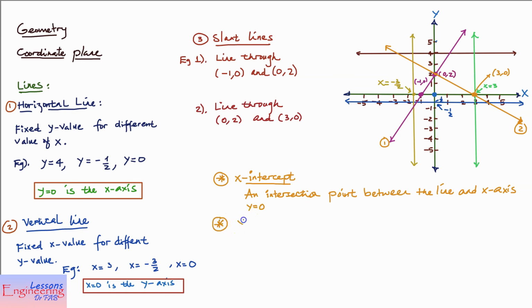Another terminology, the y-intercept, is an intersection point between the line and the y-axis. So on the y-axis, every x point is 0. X equals 0.